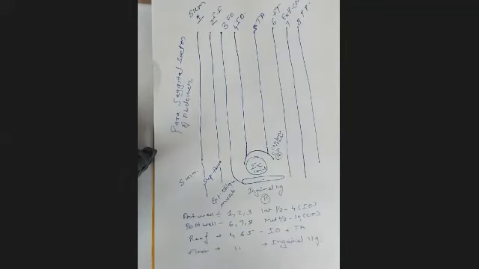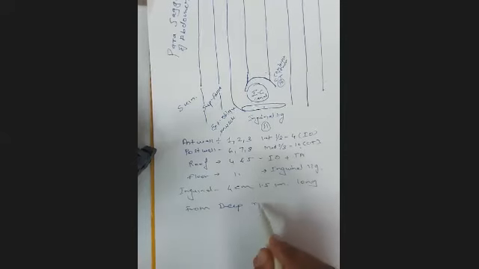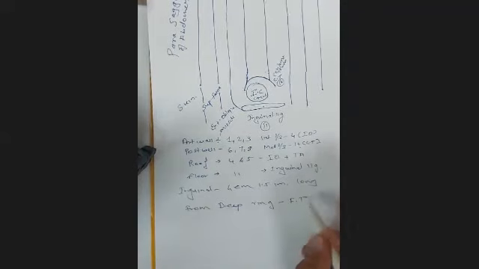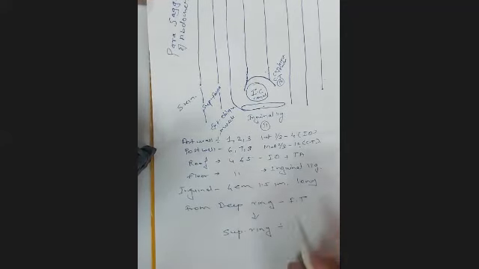So that is how the inguinal canal is. The inguinal canal, which is 4 centimeters or 1.5 inches long, runs from the deep ring to the superficial ring. The deep ring is in the fascia transversalis, and the superficial ring is in the external oblique muscle.